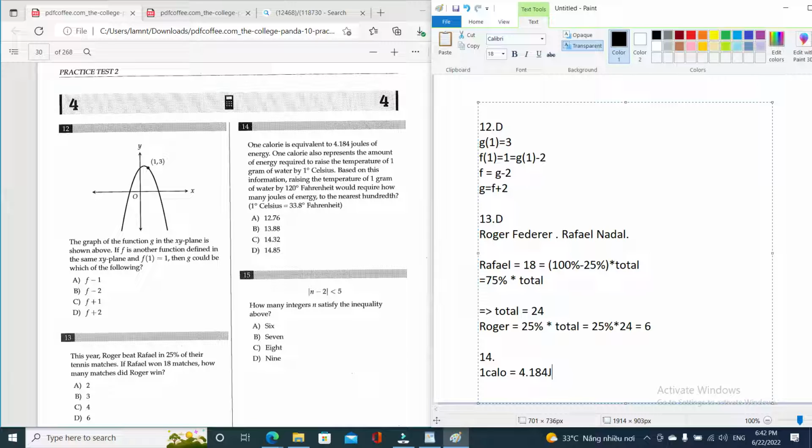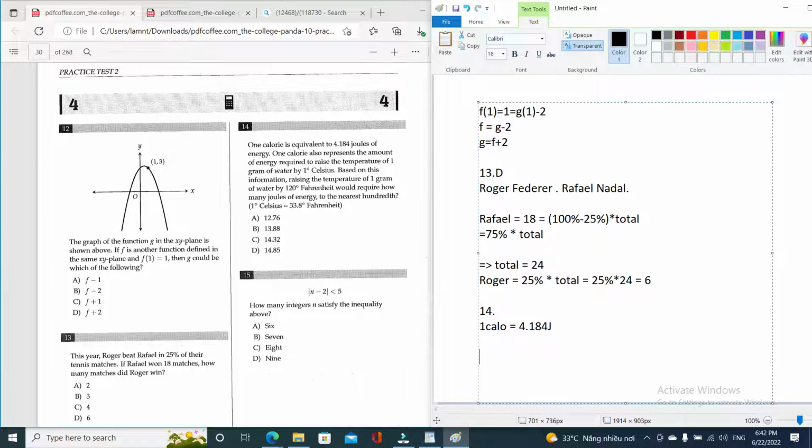Based on this information, how many joules are needed to raise the temperature of 1 gram of water by 120 degrees Fahrenheit? One calorie can raise 1 gram of water by 1 C. They asked about raising 1 gram of water by 120 F, so this is not in C anymore. 120 divided by 1.8, because the conversion ratio for F and C is 1.8.